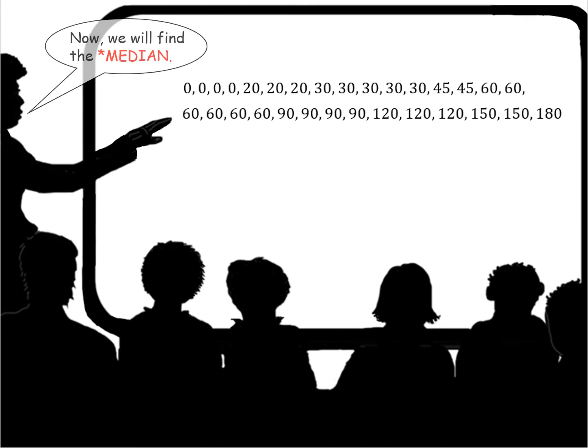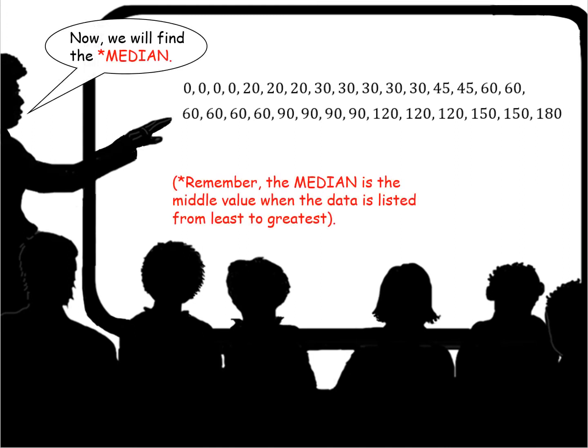Again, we have our data set, and we have it from least to greatest, and we're going to find the median. Remember that the median is the middle value when the data is listed from least to greatest. So what's the middle number? We start crossing off the numbers from the left and from the right, an equal number, until we get to the middle.